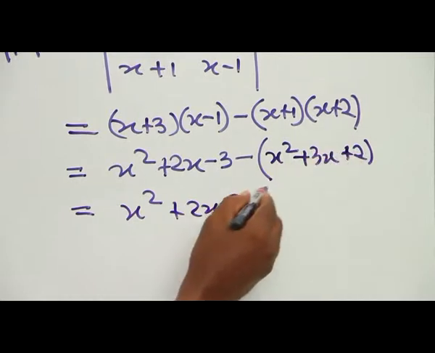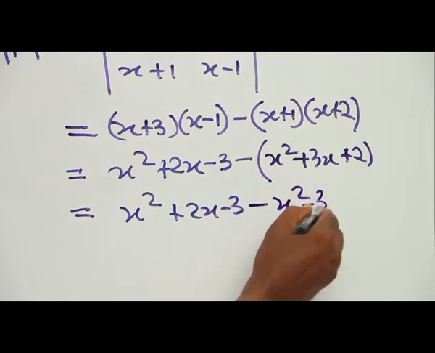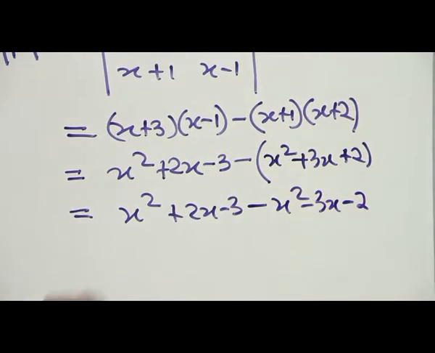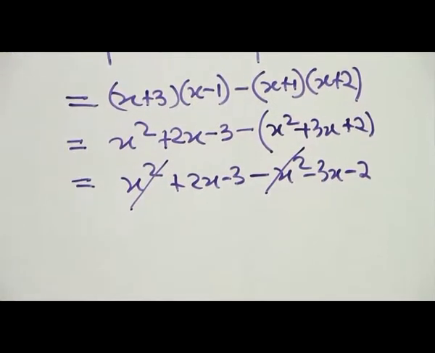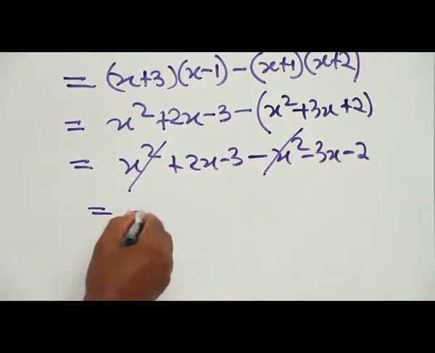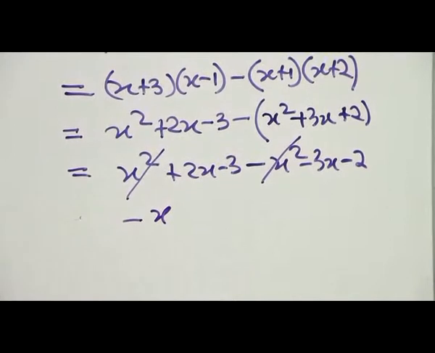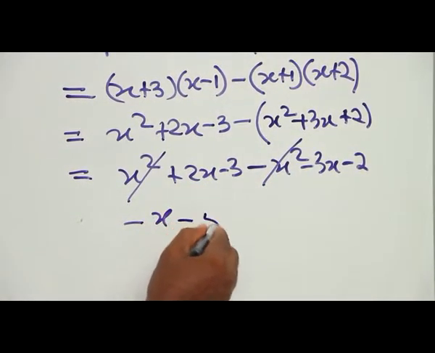You can now open this bracket to give you minus S squared minus 3S and minus 2. If you simplify this, S squared minus S squared, and then you have 2S minus 3S will give you minus S, and then minus 3 minus 2 will give you minus 5.